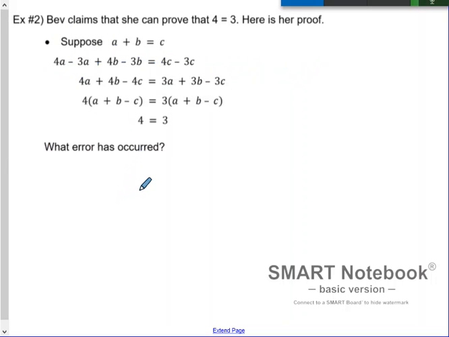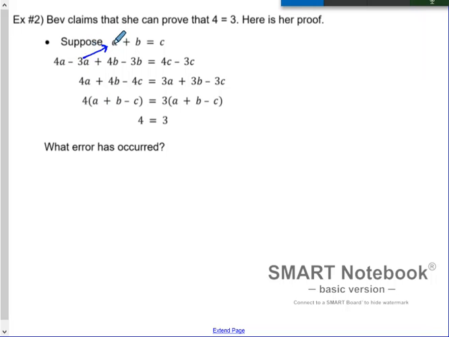Our next example, we have Bev claiming that she can prove that 4 equals 3, and here's her proof. We're supposing A plus B equals C. This is what we are starting with. Next, she has some sneaky forms of 1. 4A minus 3A, I get 1A.